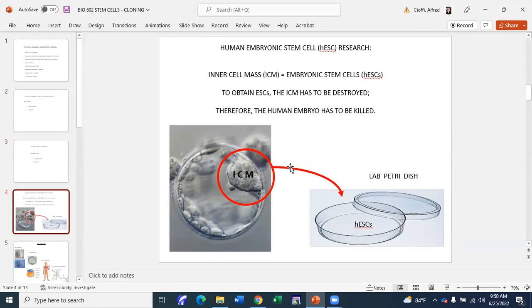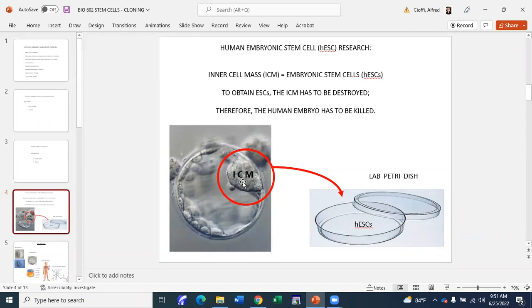So here we have a micrograph, a microscopic photograph of a blastocyst. This should be very familiar to you by now. We've seen it a number of times. We can see the trophoblast, right, the outer layer of cells that forms the placenta, remember? And then here's the inner cell mass.